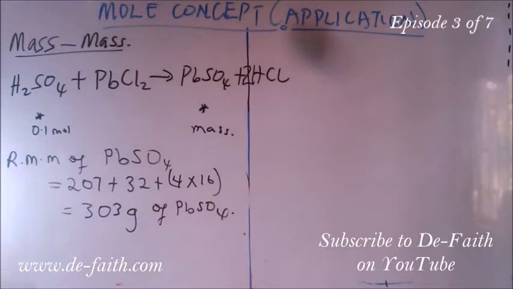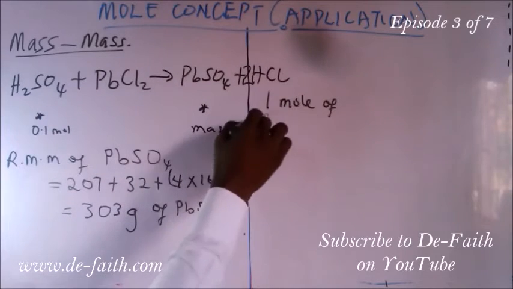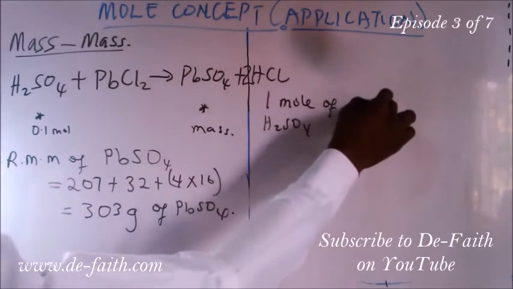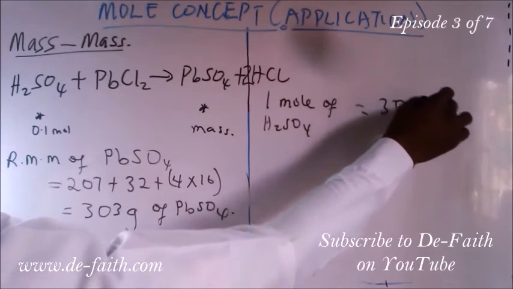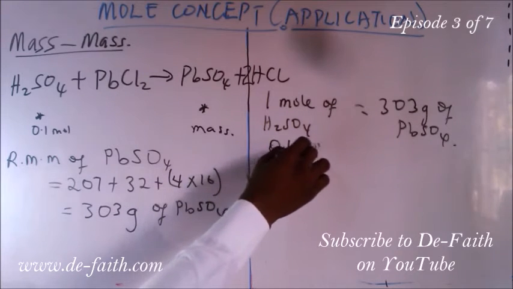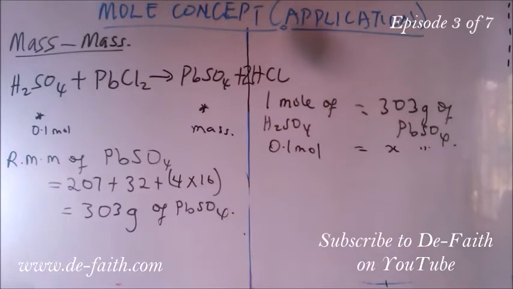So with this information, we will now have it that 1 mole of H2SO4 produces this, which is 303 grams of PbSO4. Hence, if you have 0.1 mole of this, how many grams of PbSO4 will we have?